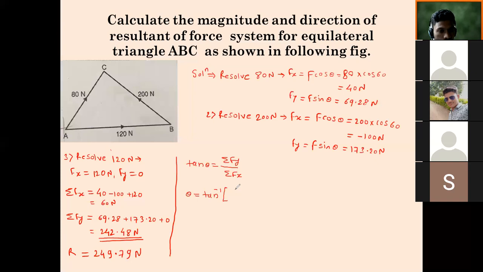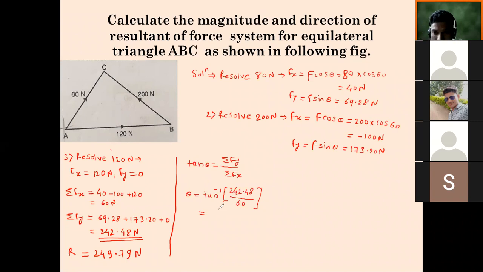Summation Fy, how much is it? 242.48 divided by Fx, how much is it? 60. Calculate now this. How much is it? 76.10.